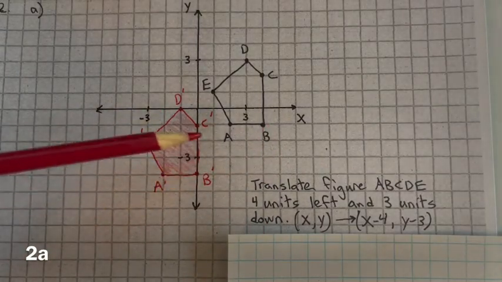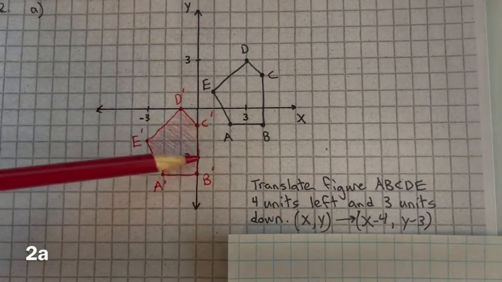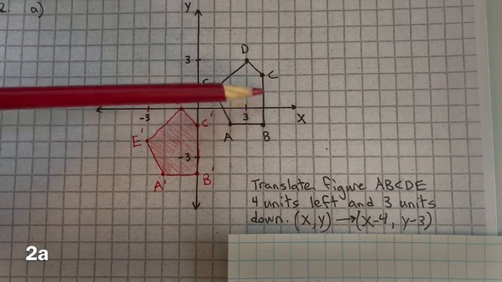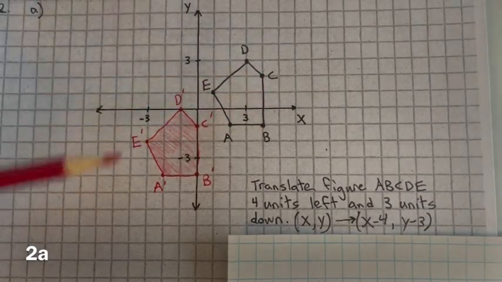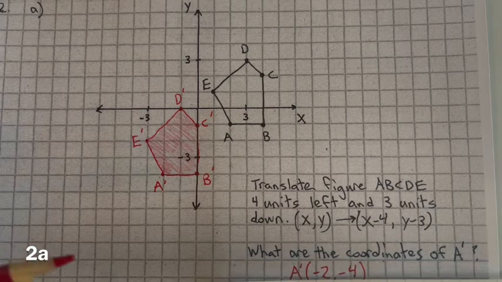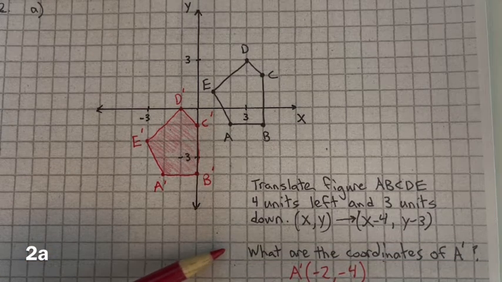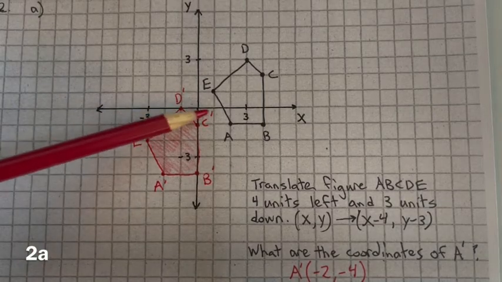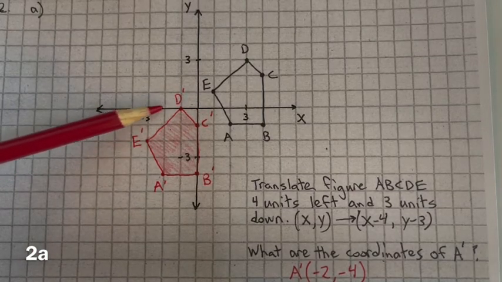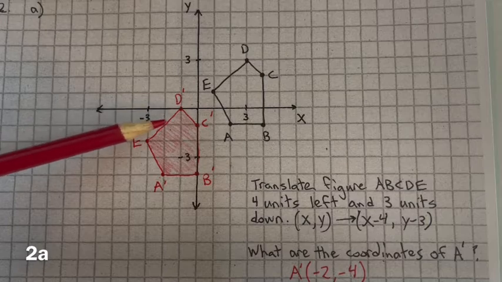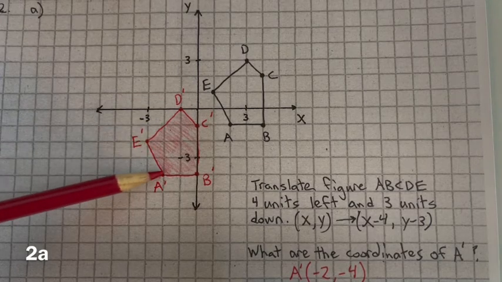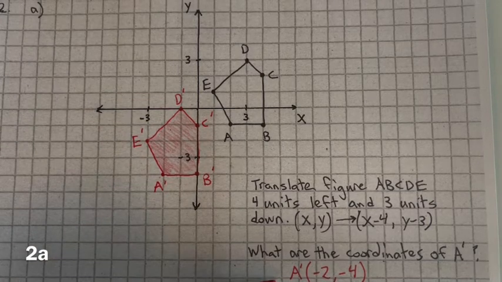And you can see from B prime to C prime, 1, 2, 3, B to C, 1, 2, 3. For the second part, what are the coordinates for A prime? A prime, start at the origin, -2 on the x, and -1, 2, 3, 4, -4 on the y. So the coordinates for A prime are -2, -4.